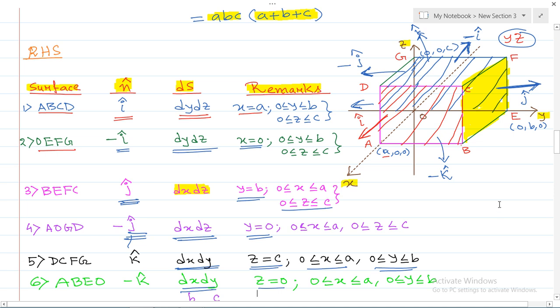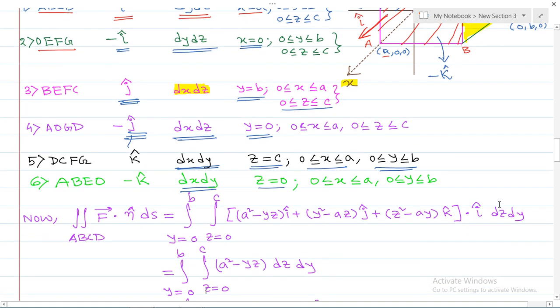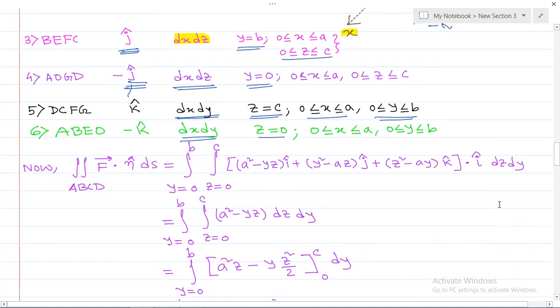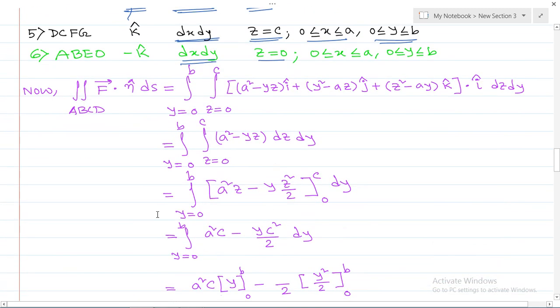So with all this information, one by one we are going to calculate the double integration. One integration I have done fully, but you don't have to do all these steps. For your understanding I have done it; you can skip some intermediate steps also, and I will tell you the shortcut way. Now we have to find the double integration over ABCD of F dot n cap ds.